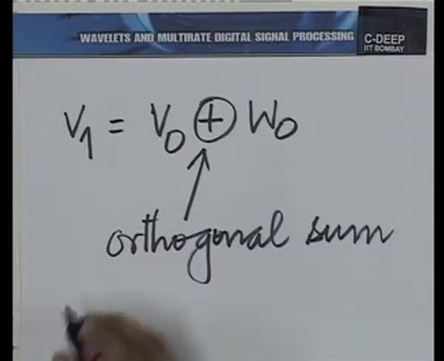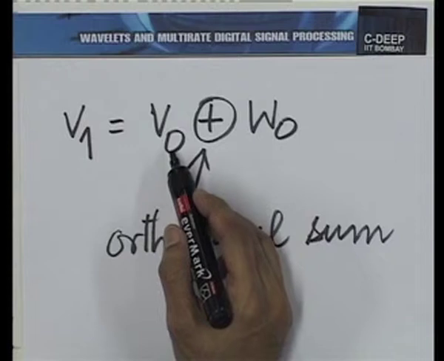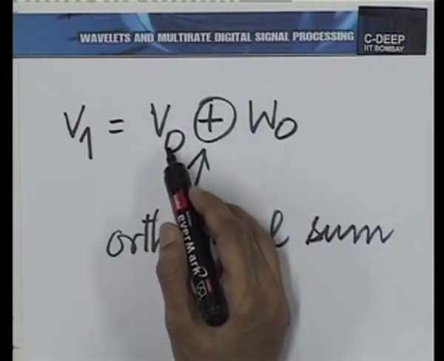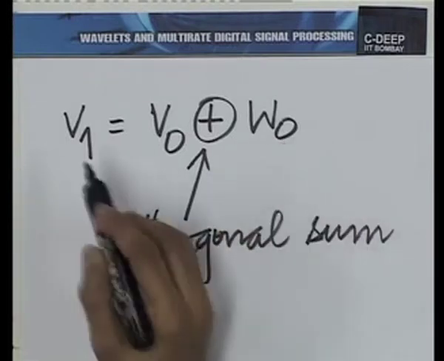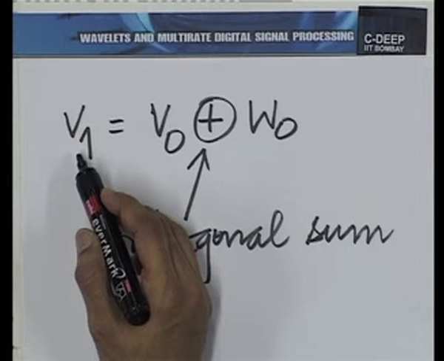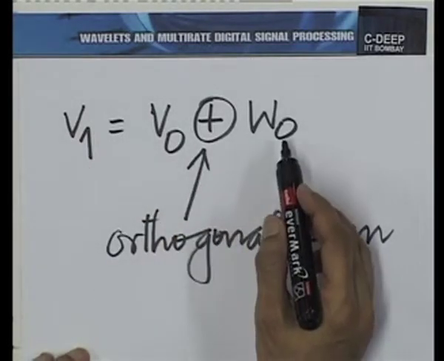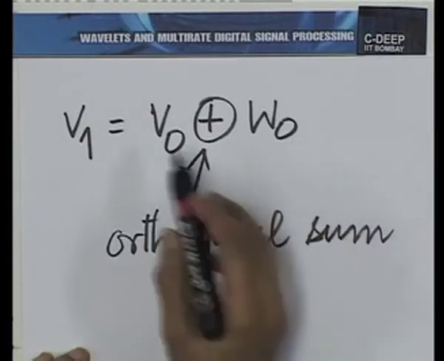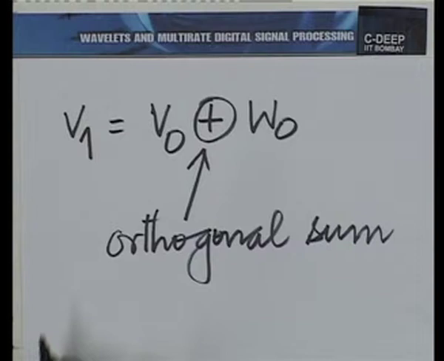We say that the space V 1 is the orthogonal sum of the spaces V 0 and W 0 if there is a unique way to take a vector in V 1 and decompose it as a sum of a vector in V 0 and a vector in W 0, with the vectors from V 0 and W 0 being perpendicular, being orthogonal. In other words, their inner products being 0.